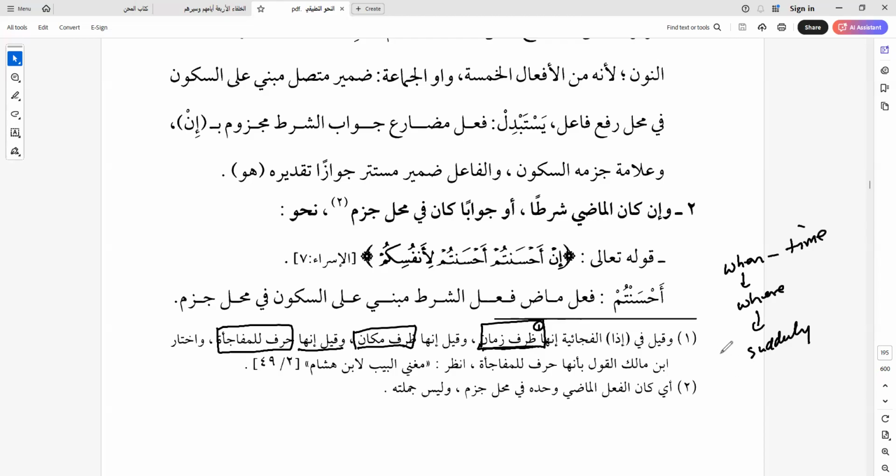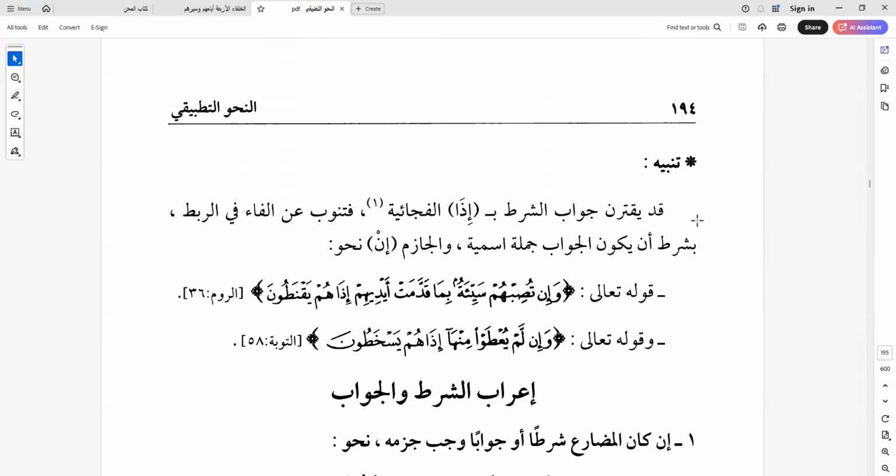So whether you call it zarfiya, limakan, or lizaman, or lilmufaja'a, or fujaiya, this is what you have to know, that sometimes in Arabic, the jawab ash-shart can be paired with idha instead of the fa that we know.